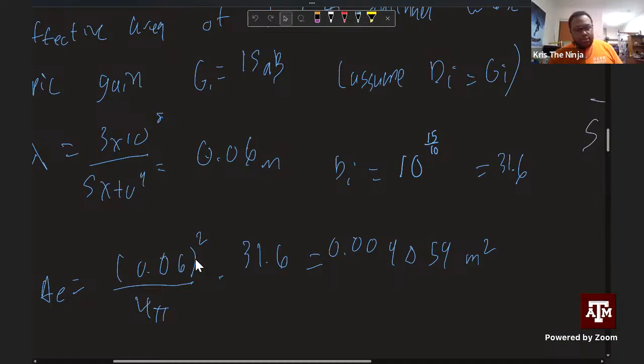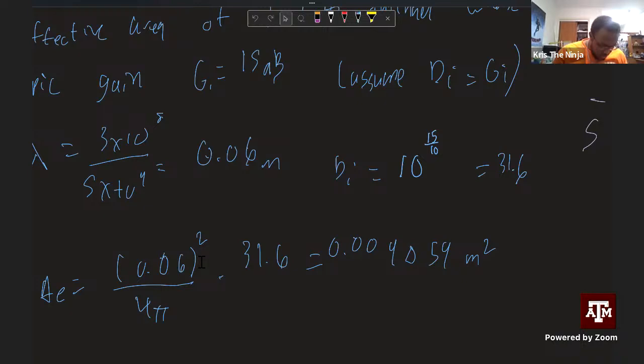So 0.06 wavelength squared gives you 0.0036, over 4 pi, multiplied by 31.6, using parentheses.